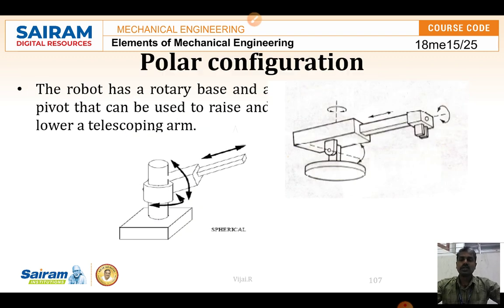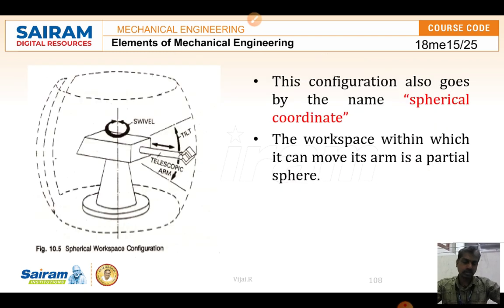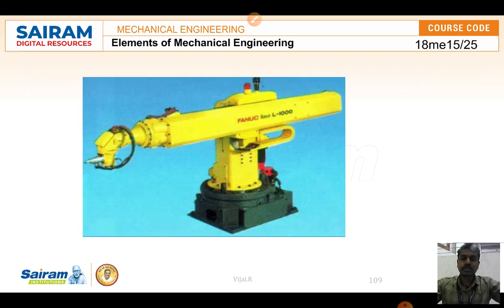This robot has a rotary base and a pivot used for raising and lowering the telescopic arm, and the workspace within which it can move is called a partial sphere.